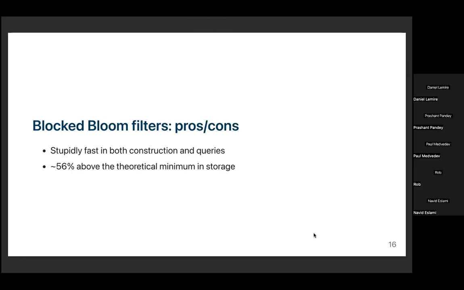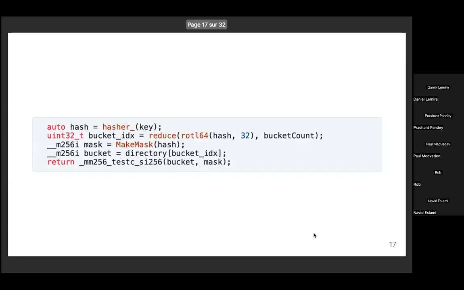So it's really fast. It's really hard to beat because you have few instructions, you have few cache misses, everything is nice. In the case where we're using 64 byte windows, you're basically 56% above the theoretical minimum. It's just really not that terrible as a penalty.